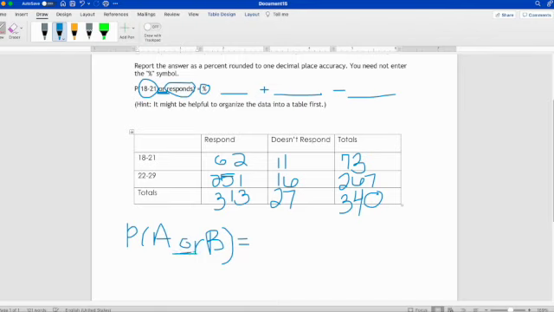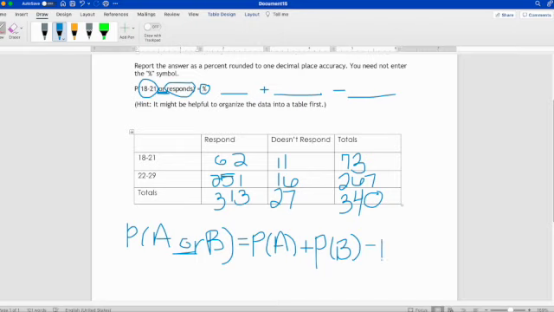When you have an or statement, you have a probability of A, and then you add it to the probability of B, but sometimes if you don't have events that are mutually exclusive, you have an overlap where some people or some items in the sample are going to get counted twice.